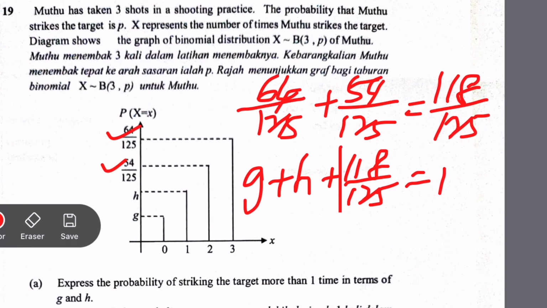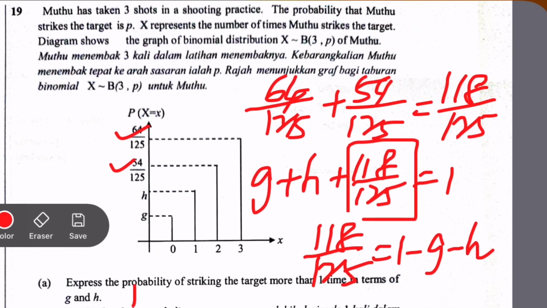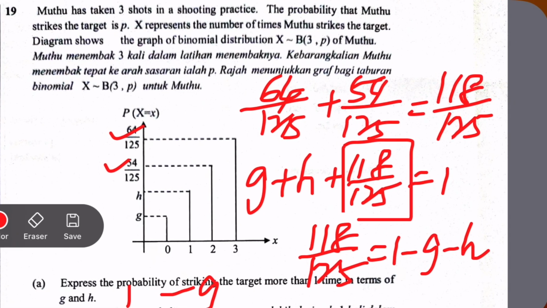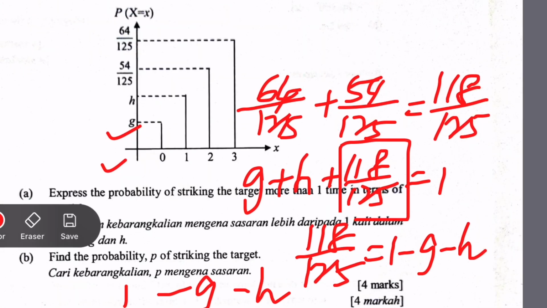Since the question wants the 118/125 in terms of G and H, 118/125 is equivalent to 1 minus G minus H. That is what the question is asking. They don't want the answer in terms of a fraction or a value. Make sure you really understand the instruction of the question.